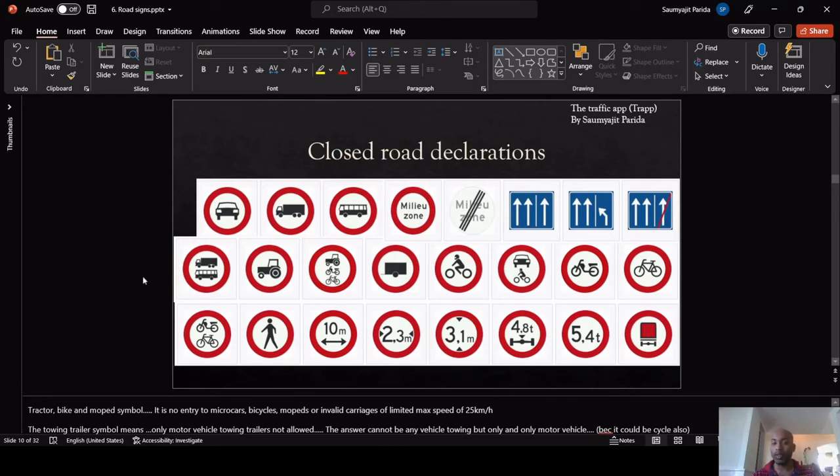Please be very careful about these ones. Here motor vehicles towing anything are not allowed, but a cycle towing small things is allowed. I'm thinking too much, but cycle towing is allowed.